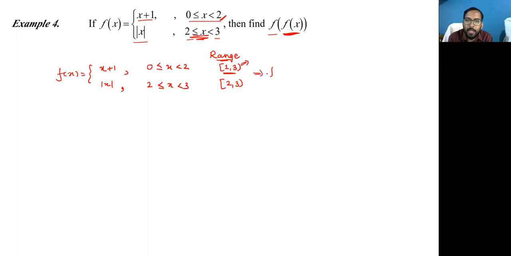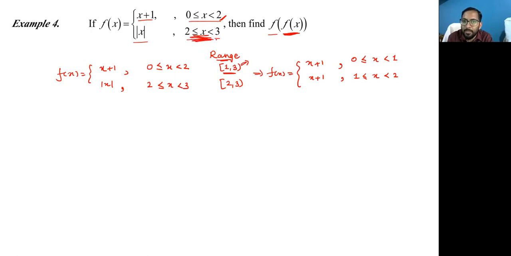So we can convert f of x equal to x plus 1 for x belongs to 0 to 1, again x plus 1 for x belongs to 1 to 2, and mod x, where the range will be 2 to 3.